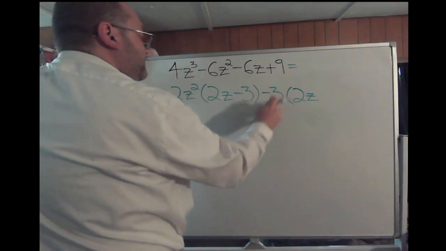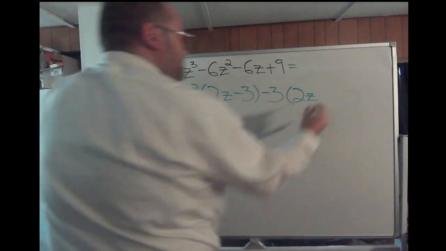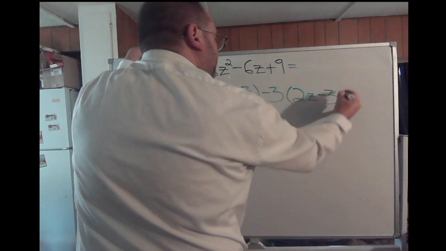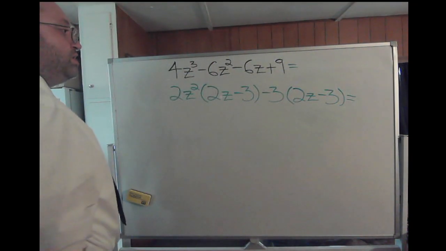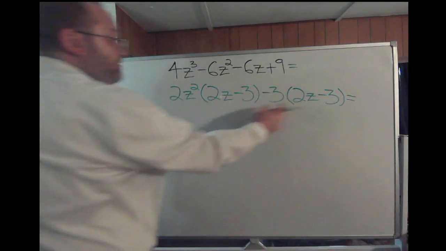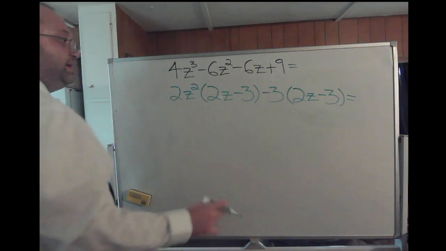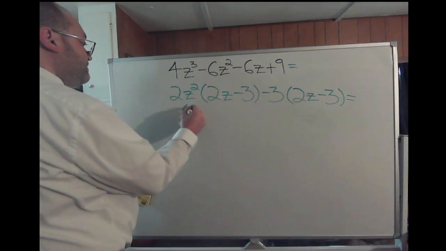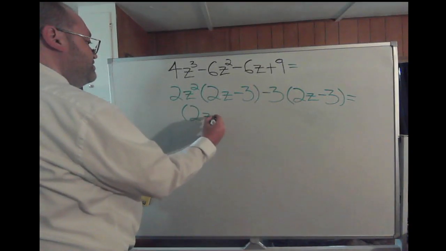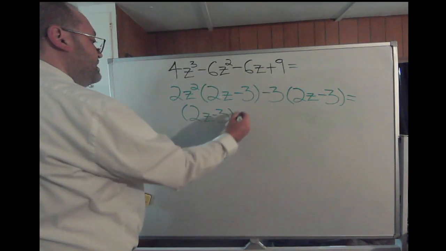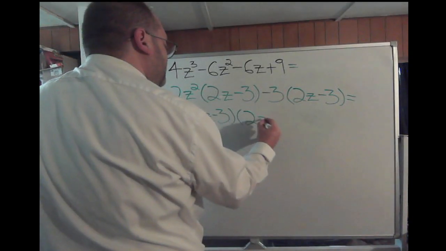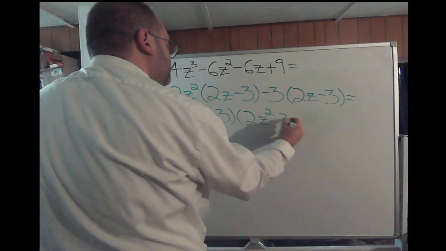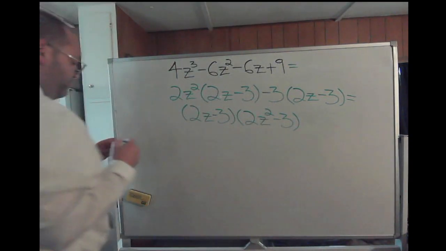Now, negative 3 times what equals positive 9? Well, that'd be negative 3. So all of a sudden, we have two terms that have identical factors of 2z minus 3. Let's go ahead and factor them. Factor out your 2z minus 3, you're simply left with the quantity of 2z squared minus 3 for your second factor.